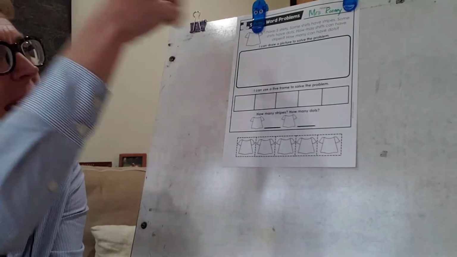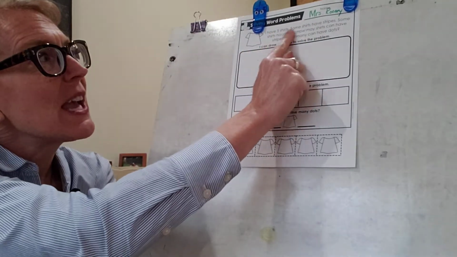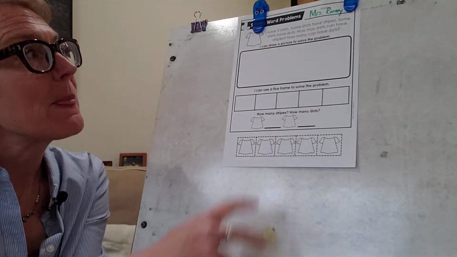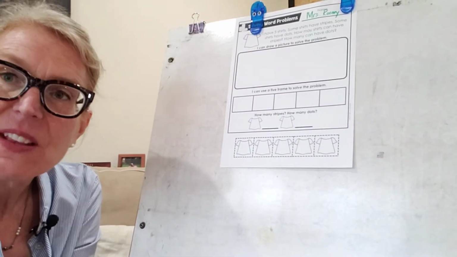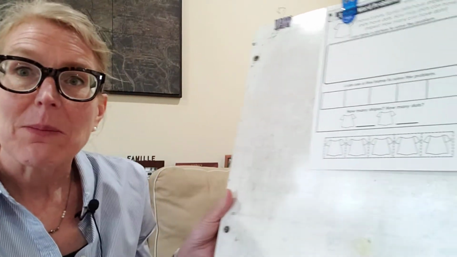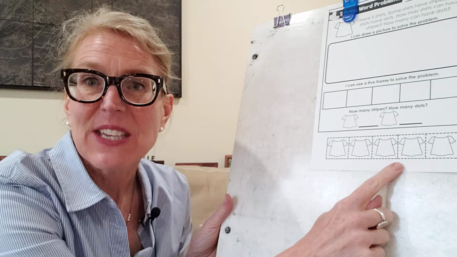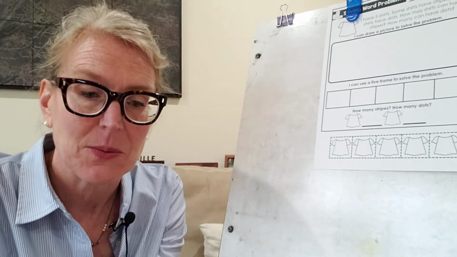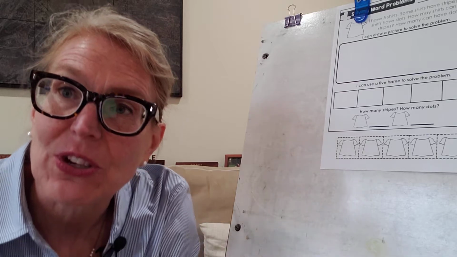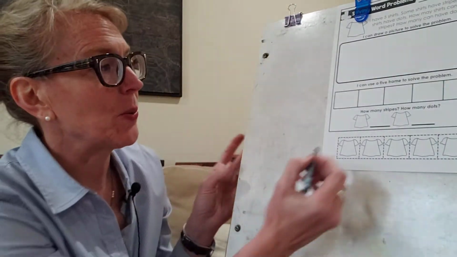It says, I have 5 shirts. Some shirts have stripes. Some shirts have dots, okay? Now this is where everybody's is going to be a little different. You have 5 t-shirts down here now. I'm going to ask you to decide how many shirts you're going to make with stripes and how many shirts you're going to make with dots.